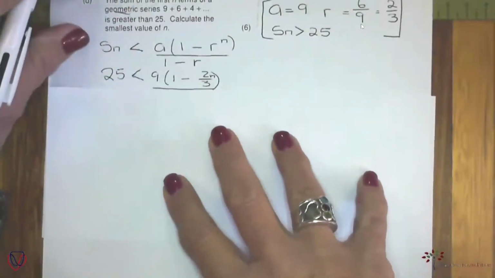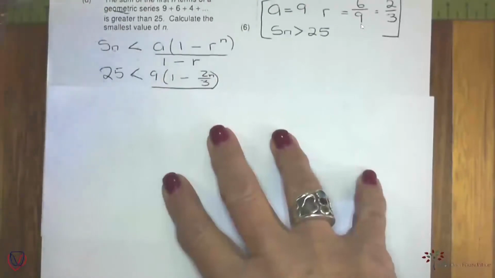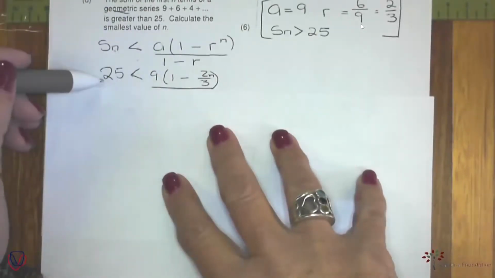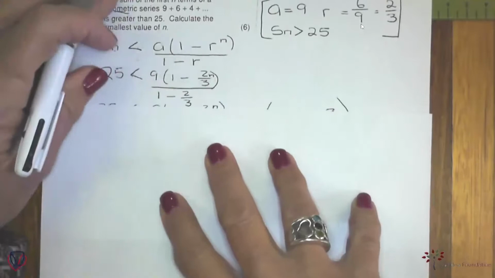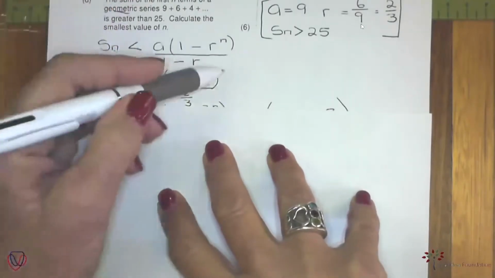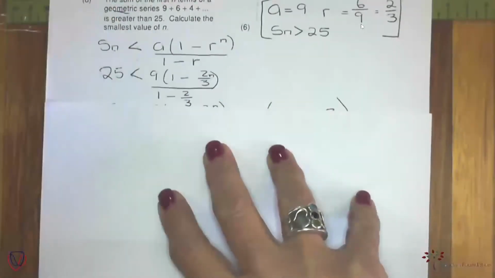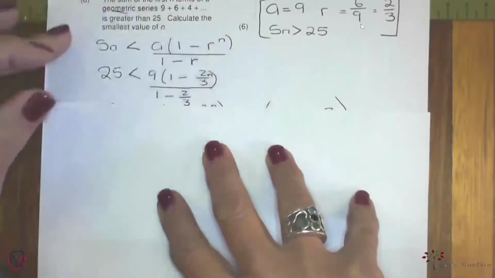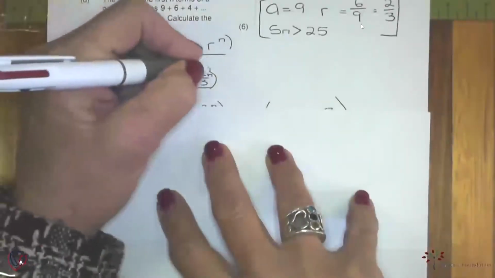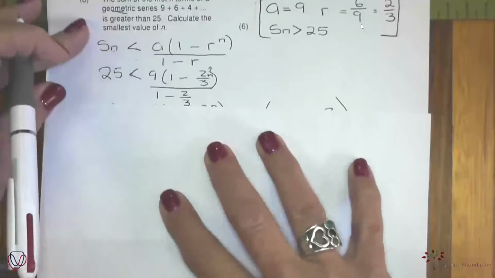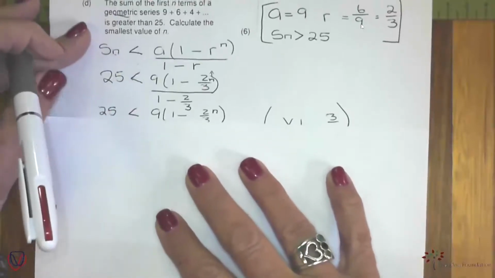There you will have, your sum must be larger than 25. So you're going to say sum is 25, and the actual sum must be larger than 25. So I want to find that n. My n is very low down. It should be on top there, people. Please make sure that you don't make writing mistakes like that.